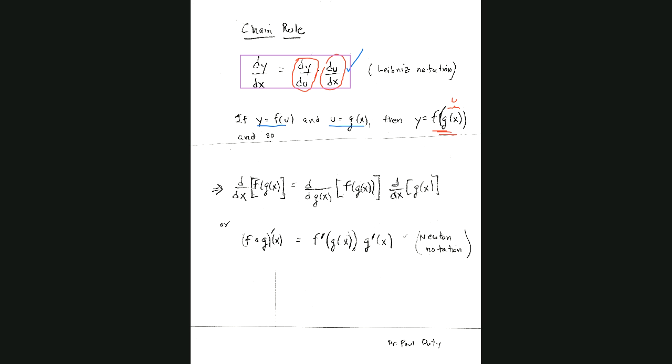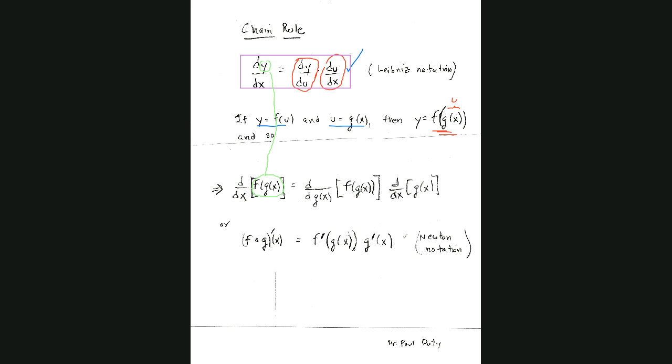And so what I'm going to do is replace the y in dy dx with f of g of x. So the left side of the chain rule is the derivative of f of g of x with respect to x.